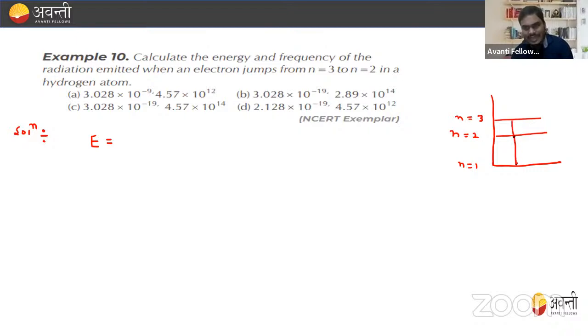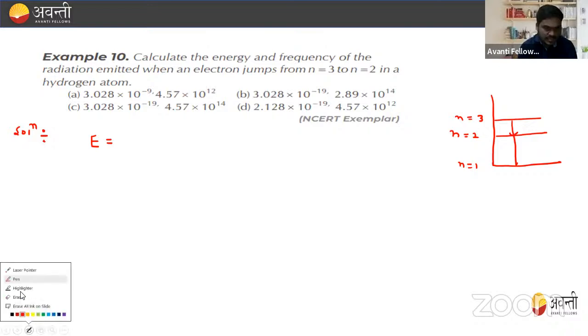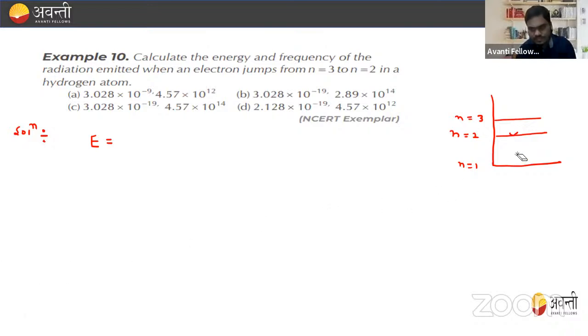Let me erase this. So we know that delta E is E2 minus E1.